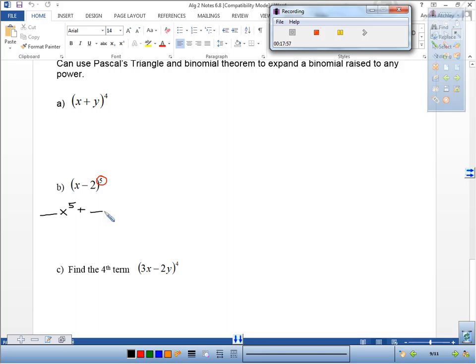Plus a blank. X goes down by 1. Then the 2, negative 2, make sure you're bringing the negative, goes up to 1 to the 1st power. Then you use your blank.